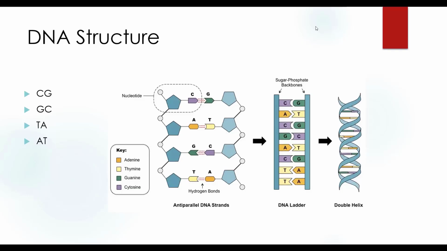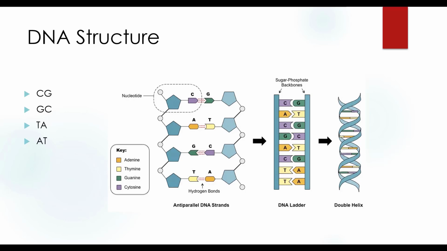To better understand GA, we have here the DNA structure. The information in DNA is stored as a code made of four chemical bases: adenine, thymine, guanine, and cytosine. Human DNA consists of about 3 billion bases, and more than 99% of these bases are the same in all people.